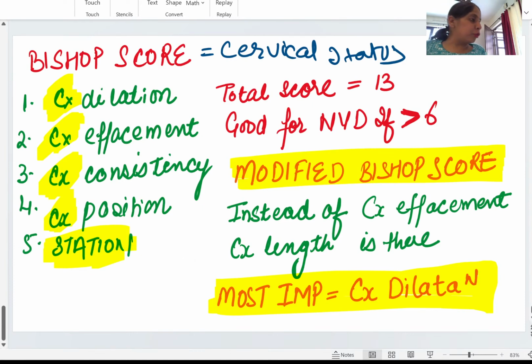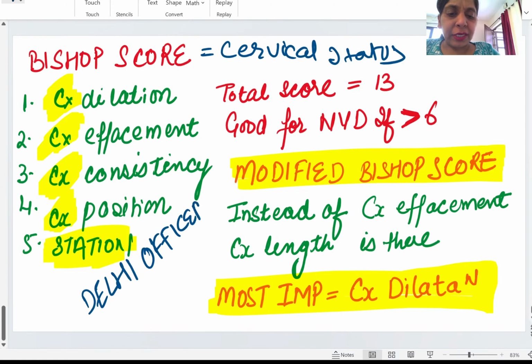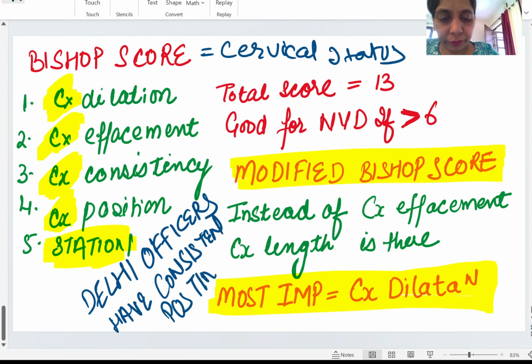How will you remember these components? Delhi officers have consistent postings on stations.